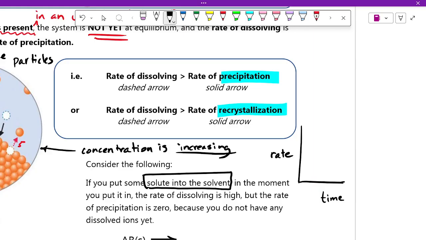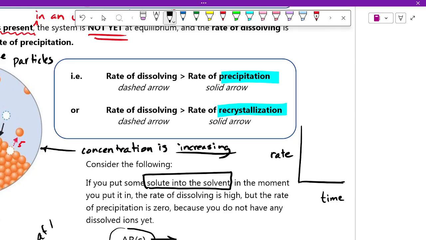In the first millisecond, from 0 to 1 millisecond, what's the rate like? Is it high, low, medium, 0? We have lots of reactant and no product. We have all reactant.